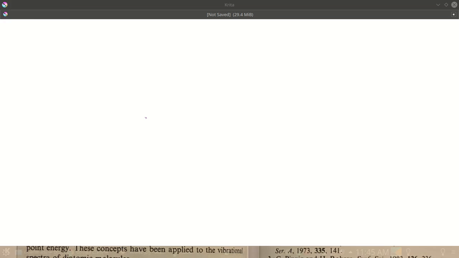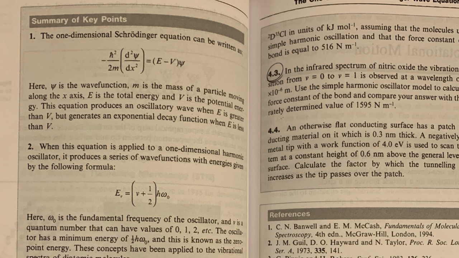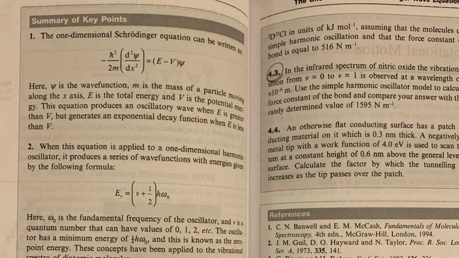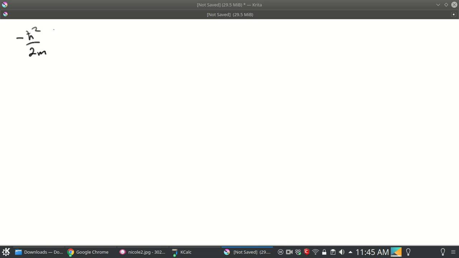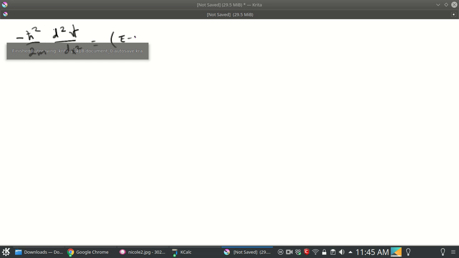Alrighty. So what was that again? H bar squared over 2m. So that was minus h bar squared over 2m times the second derivative of psi with respect to x equals E minus V operating on psi.